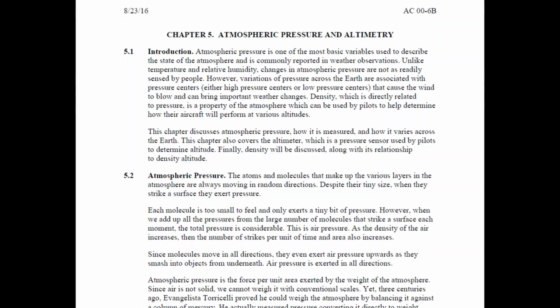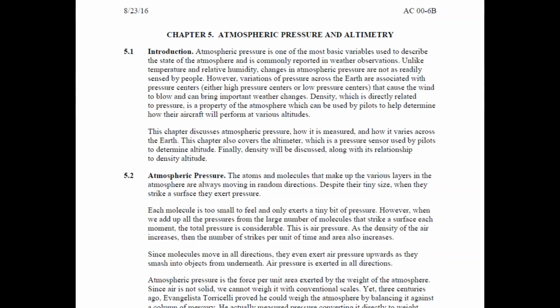So going back to the standard atmosphere now, back off of my tangent here for a little bit. Atmospheric pressure, so the temperature decreases for every 1,000 feet.